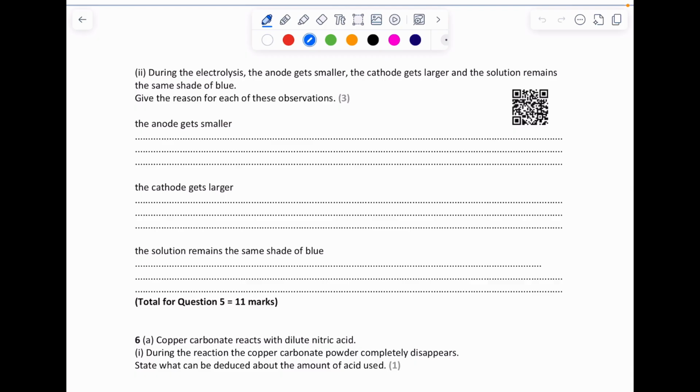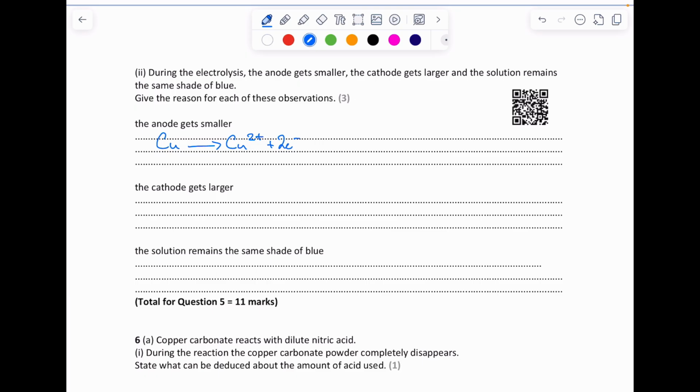So we need to explain a couple of things about the electrolysis experiment. The first one is the anode gets smaller. If you remember, the anode is made from copper, and what happens to the anode is it breaks down to form copper ions, and by doing that it releases electrons.